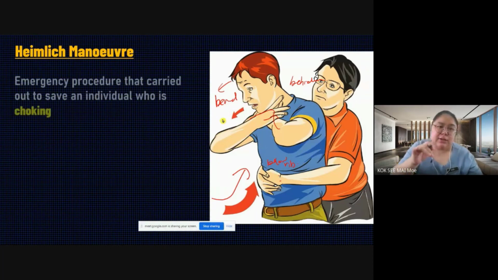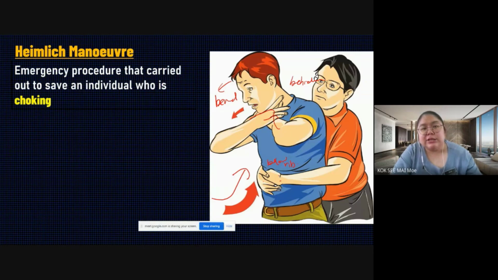So from here, you need to explain what the Heimlich maneuver actually is. It's an emergency procedure to save an individual when they are choking, when they are blocked. So that means you need to help.